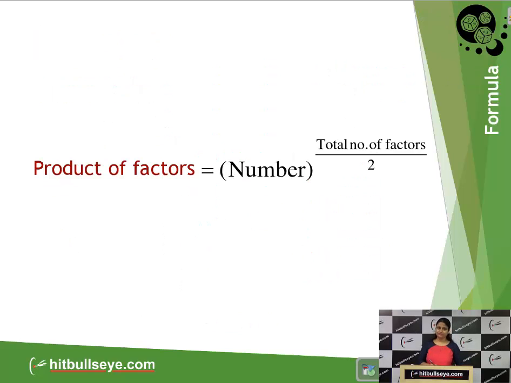Now there is a formula. It says product of factors is equal to number raised to power total number of factors divided by 2. Let us understand this formula. Let my number be 18. Now 18 can be written as 1 into 18, 2 into 9, 3 into 6.